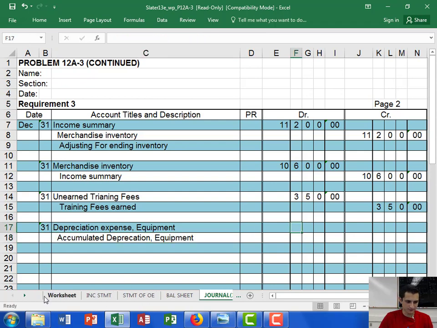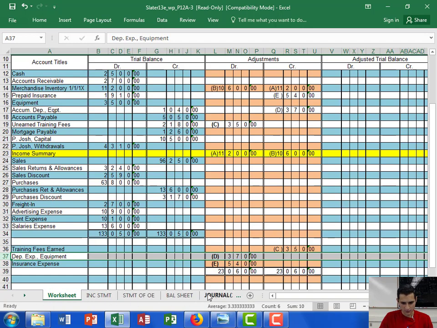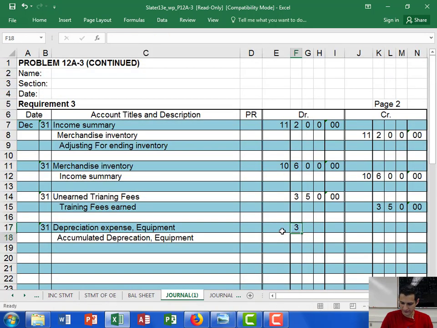Now the amount is going to be $370. So you're going to debit $370 and then credit $370. Now I'm pretty sure y'all get the gist on that.